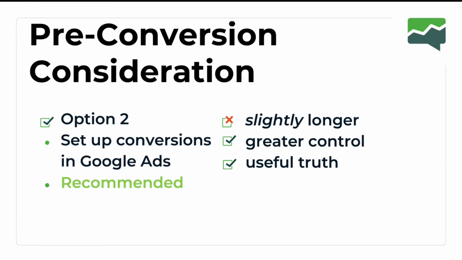But by setting up the conversions directly in Google Ads, you also have access to that other information, allowing you to follow what we call trends and patterns, and then make the optimizations in your Google Ads account.